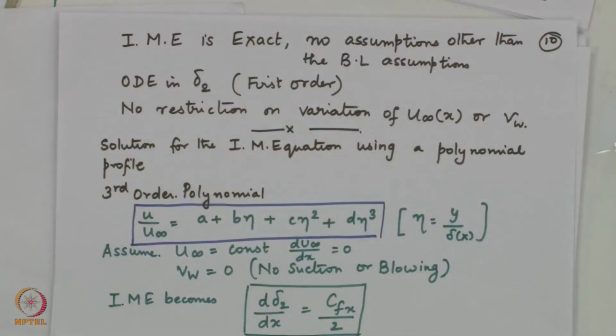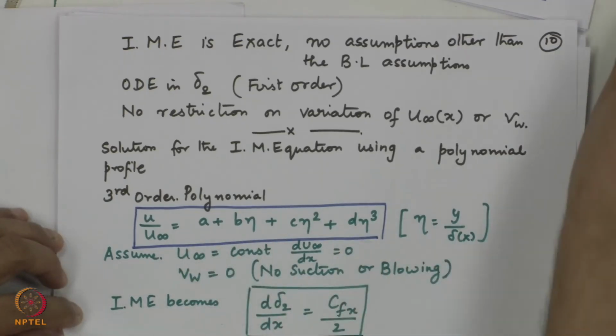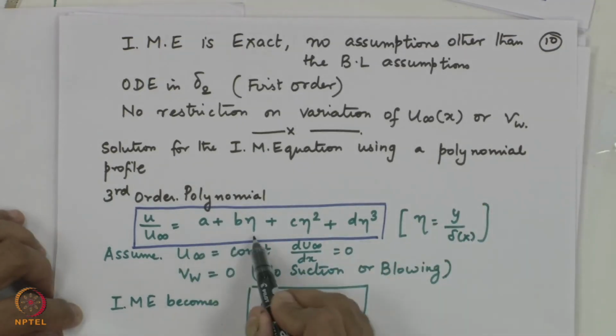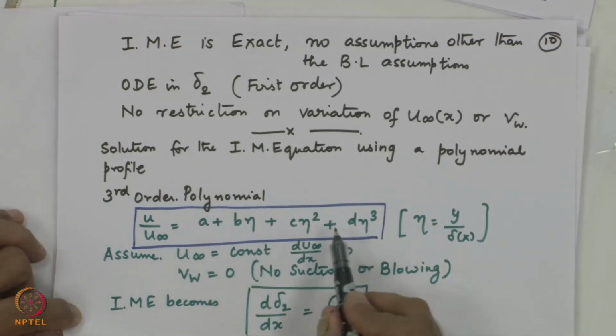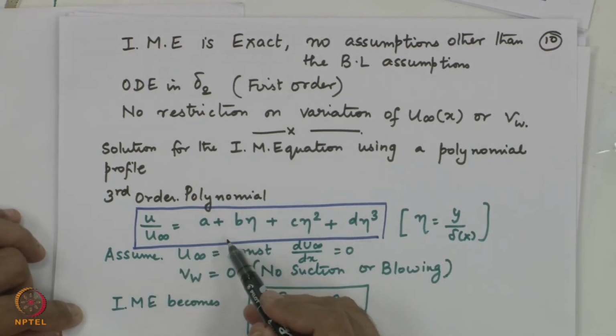We assumed a third order polynomial profile, u by u infinity is a plus b eta plus c eta squared plus d eta cubed, and we applied 4 boundary conditions to get the coefficients a, b, c and d. The no slip boundary condition at the wall gave a equal to 0. Second, u by u infinity equal to 1 at the edge of the boundary layer.